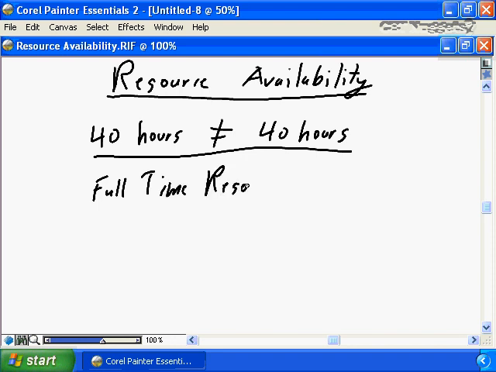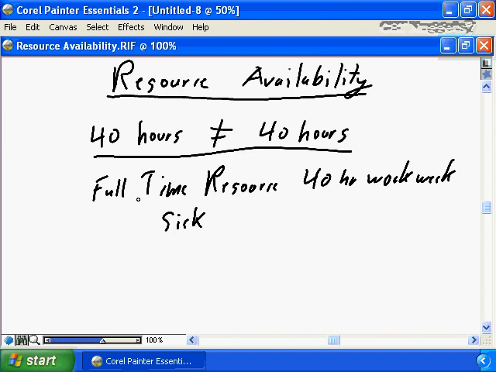and your company works a 40-hour work week. In that case, why does a full-time resource working a 40-hour work week not be able to complete 40 hours of work? Simply because that full-time resource is going to get sick occasionally.